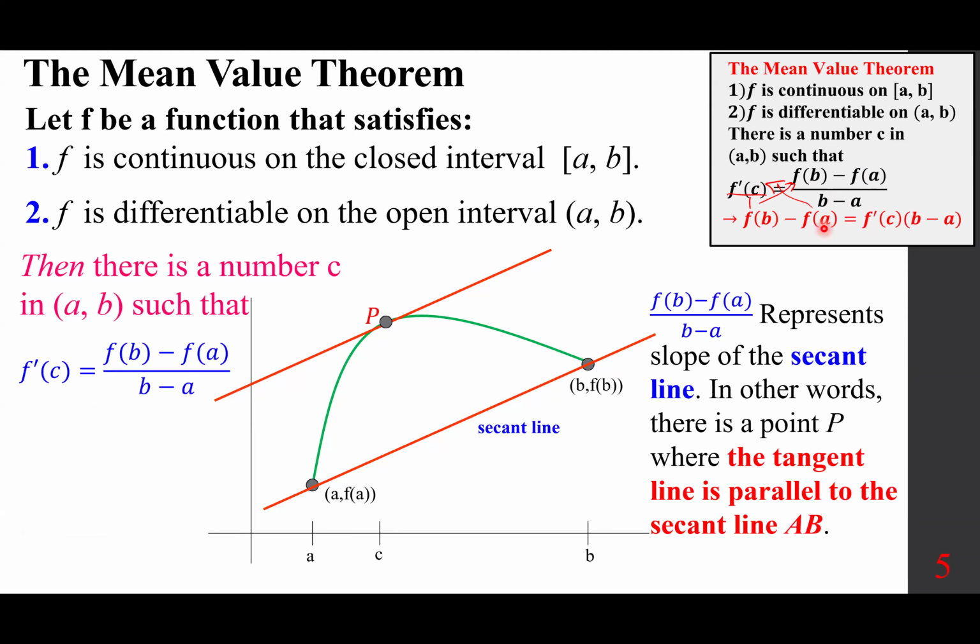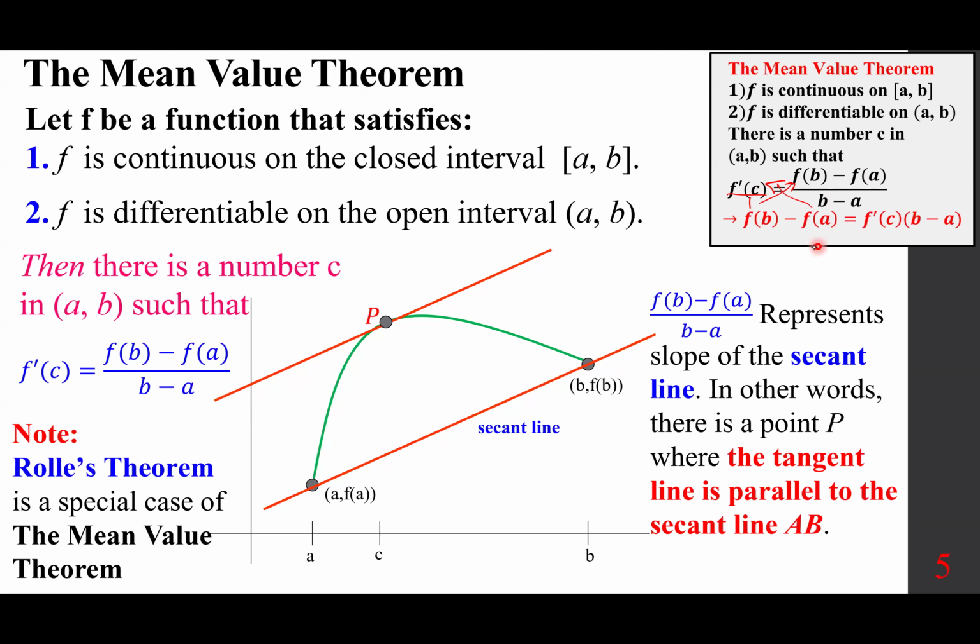So the mean value theorem can be written in this format or in this format, makes no difference. So now you really have to realize Rolle's theorem is a special case of the mean value theorem. So that's pretty straightforward. That is Rolle's theorem, special case of the mean value theorem.